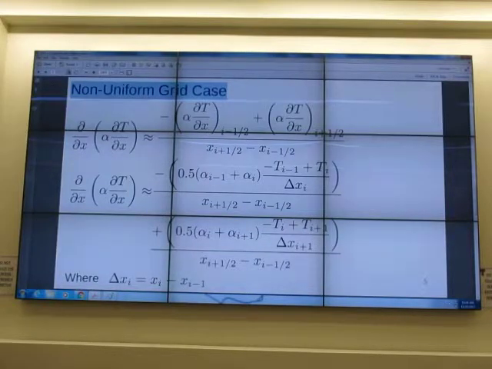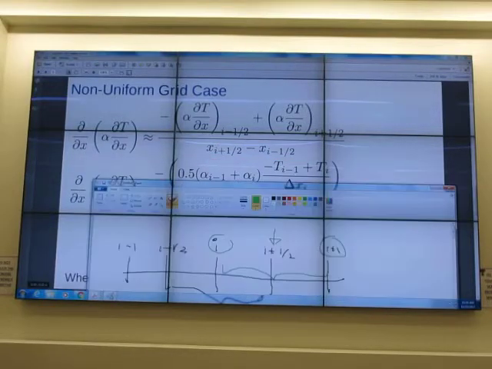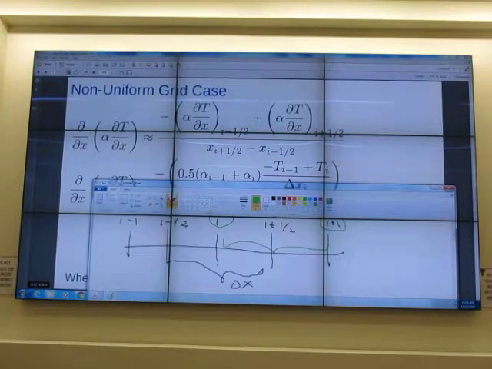Okay, but I just showed you here. What do we do for the non-uniform grid? If the grid is non-uniform, we start with the same equation, but instead of dividing by delta x, we say, okay, instead of delta x, we say x i plus half. x i plus half is this line, right?